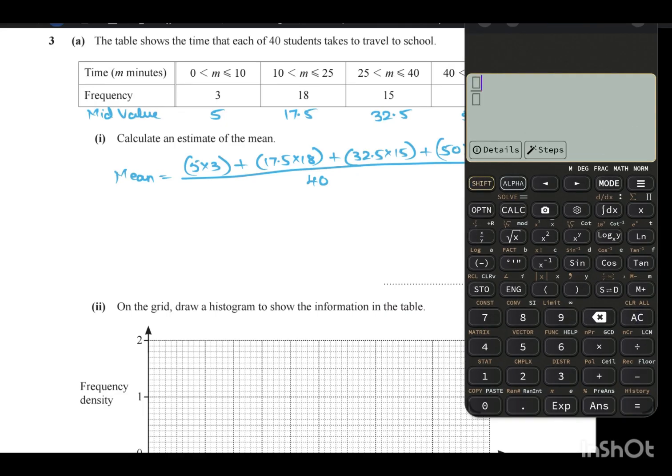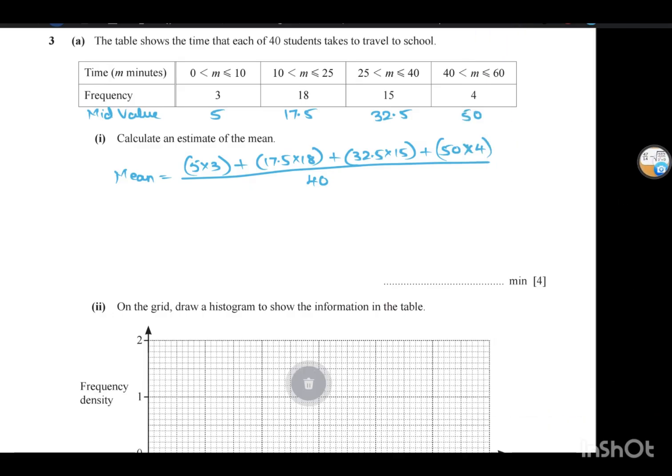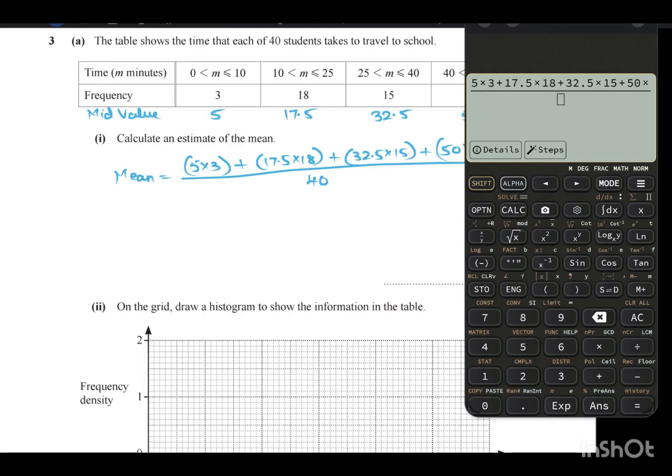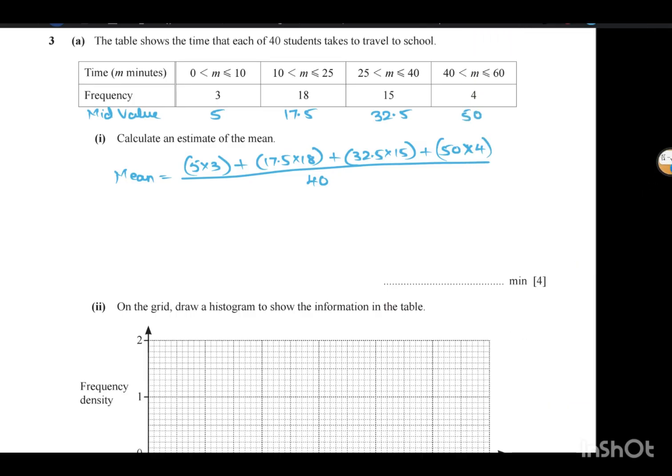Do it. 5 into 3 plus 17.5 into 18 plus 32.5 into 15 plus 50 into 4, by 40, that is 25.4375.